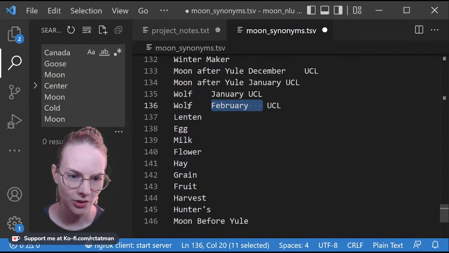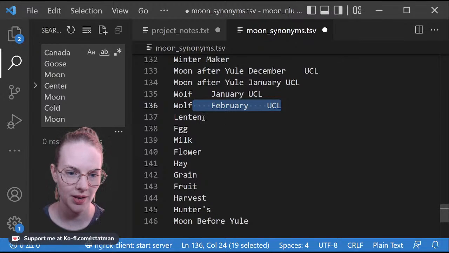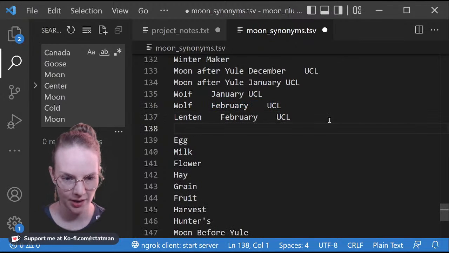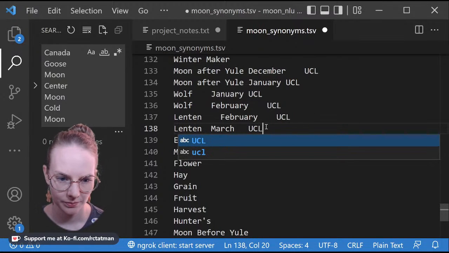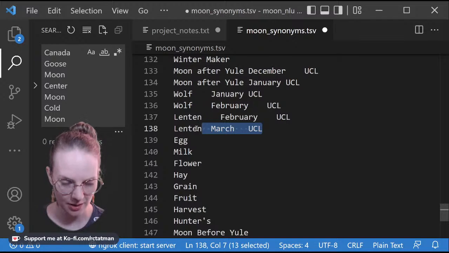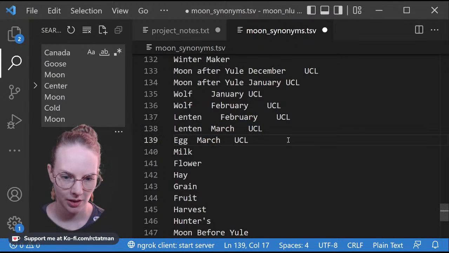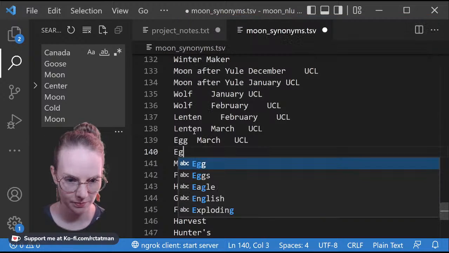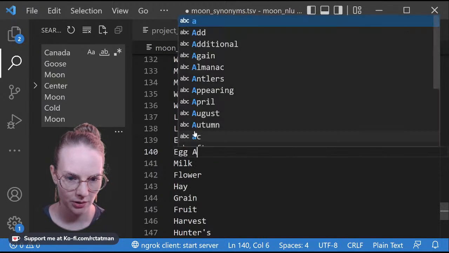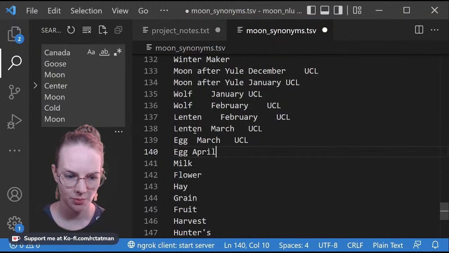All right, so these are the names, and then we need to go through and do the rest of the things. So, right, the Lenten moon can be in February or March. And the egg moon can be in March or April. March comes after April. Yeah. Okay.